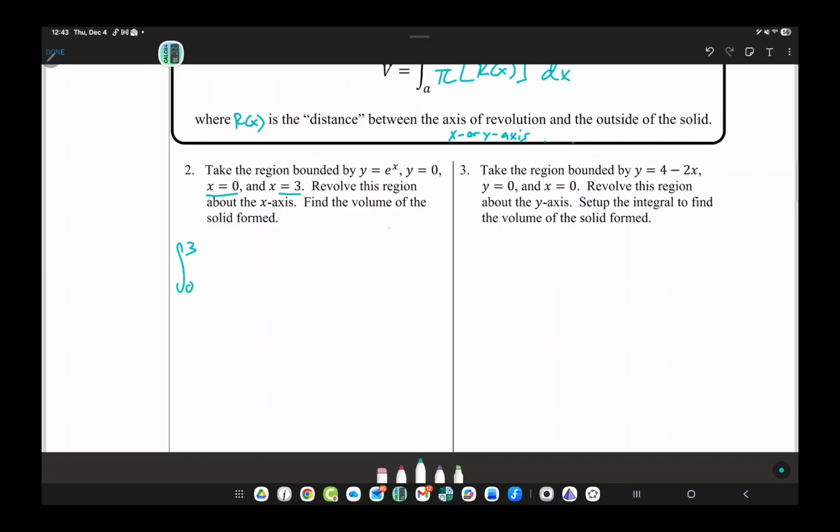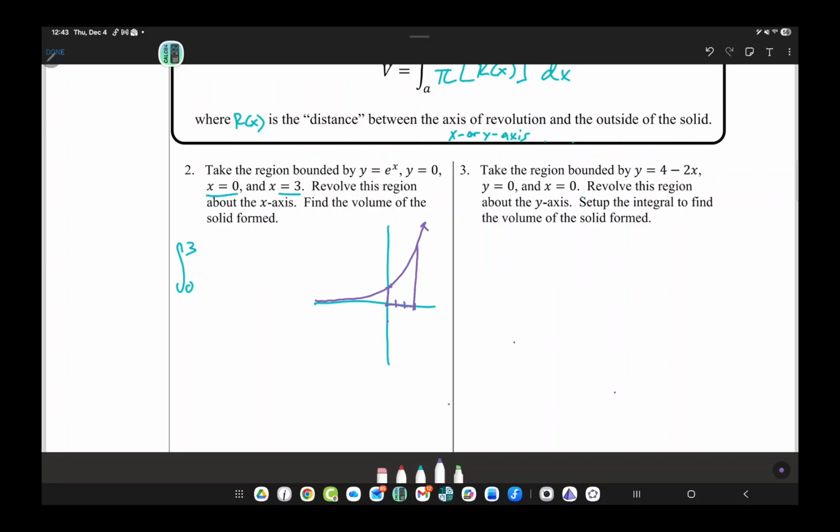Now, if you remember the graph of an exponential function, here we have it crossing at 0, 1. We have 1, 2, 3. So we are rotating this little section here around.